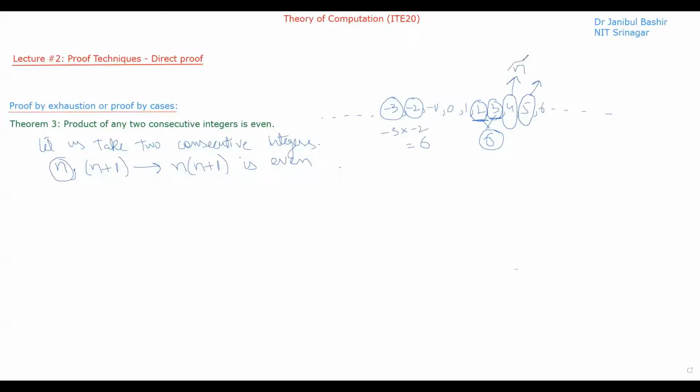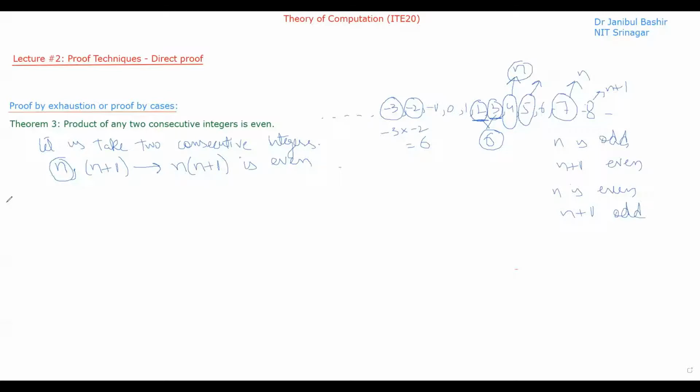However, if I have chosen n as some other number, let's say 7, what will be the next number? 8. So that means if n is odd, n plus 1 will be even, and if n is even, then n plus 1 will be odd. So these are the only possible values.